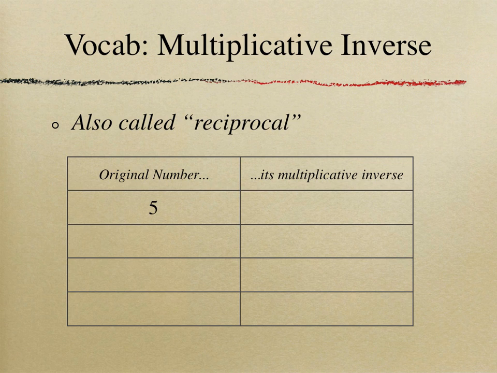So if I start with the number 5, the multiplicative inverse of 5 is 1 over 5. If I start with the number 1/2 or 1 over 2, its multiplicative inverse is 2 over 1, or just 2. If I start with 2/3, its multiplicative inverse is 3/2, 3 over 2.